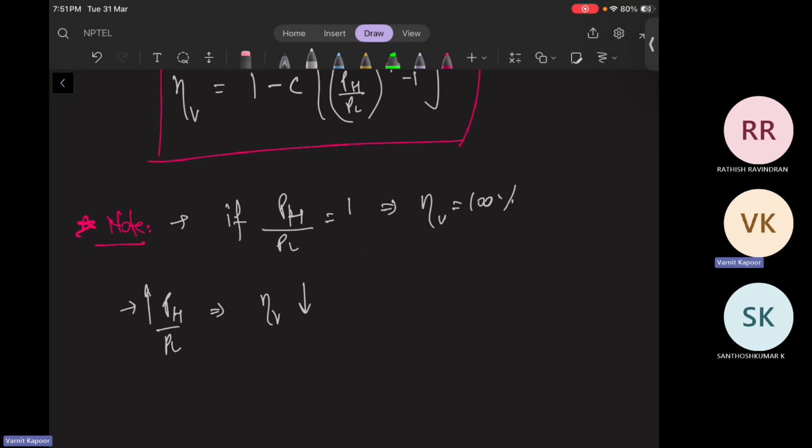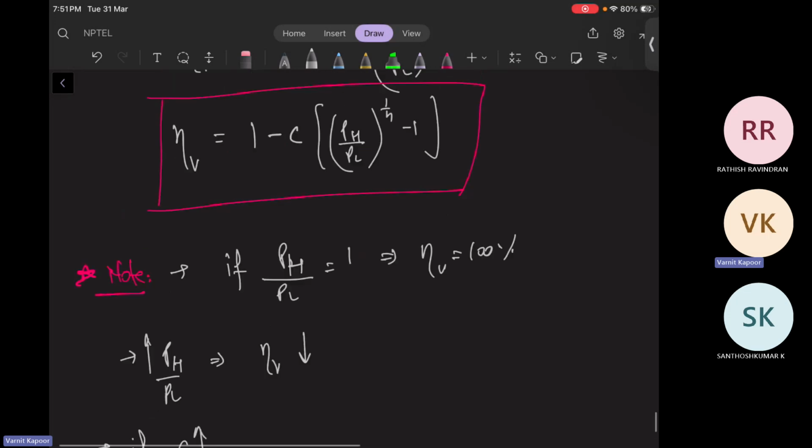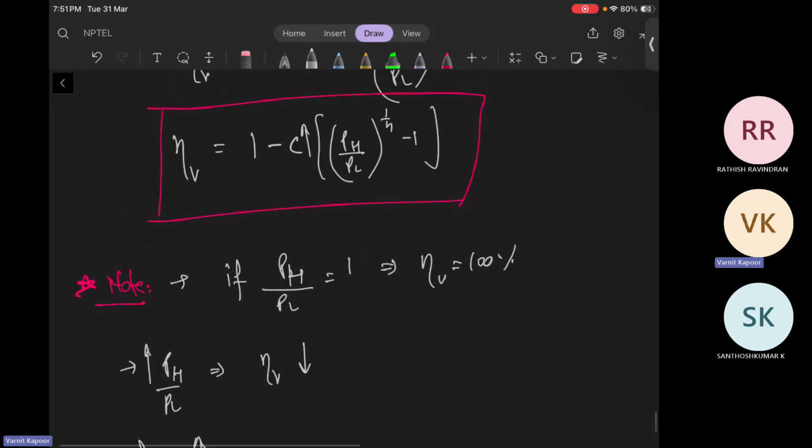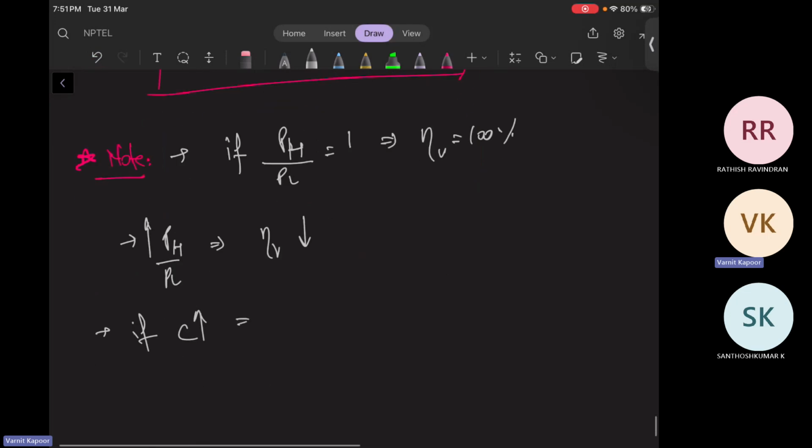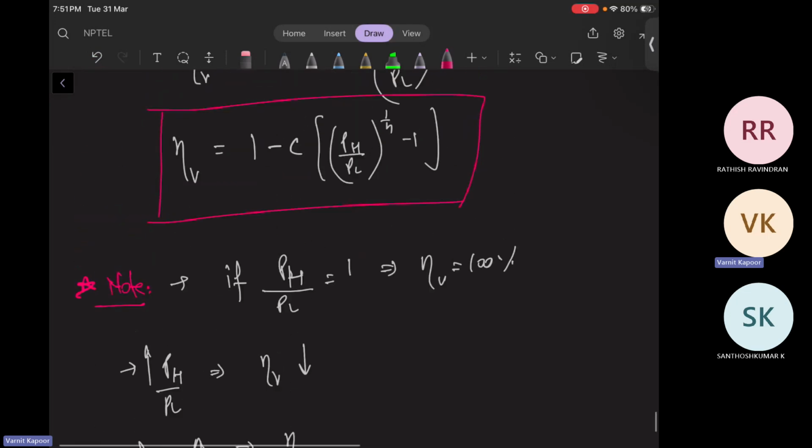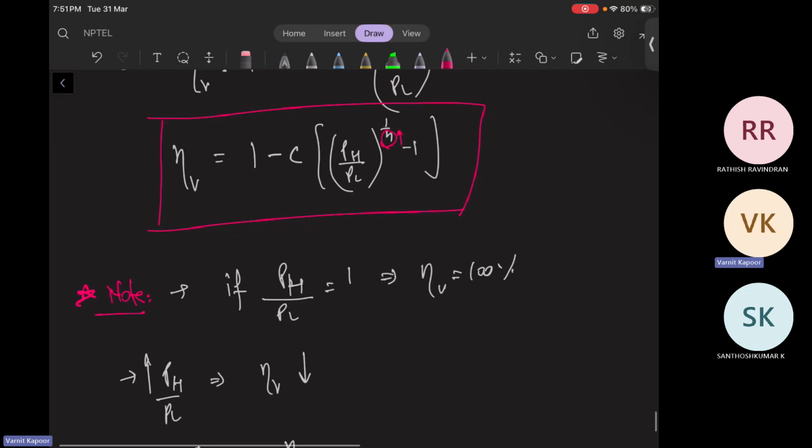If you increase the clearance ratio, then again your volumetric efficiency is going to decrease. And if you increase the polytropic index, overall this expression will decrease, and your volumetric efficiency will increase.